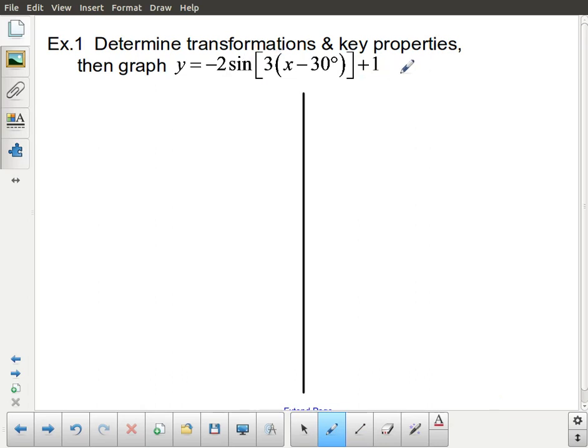So let's start off with the transformations. So first of all, I've got my values here. So my A value, my K value, my P value, and my Q value. So reading this from left to right, the first transformation I see is a negative sign. That tells me I have a vertical reflection.